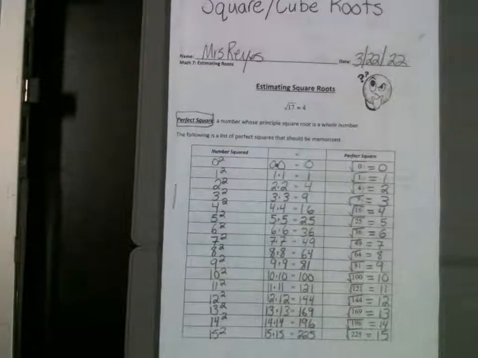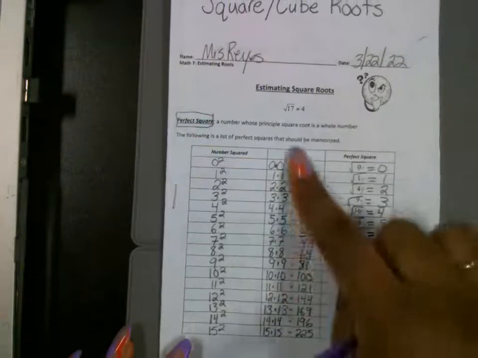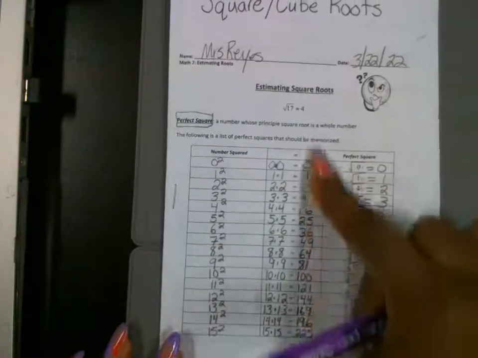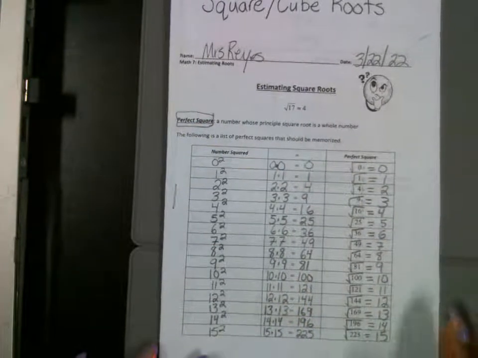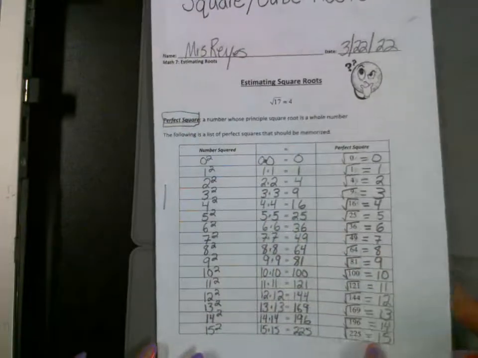So you're going to see, and it's going to be timed. 1 times 1 is 1. 2 times 2. 3 times 3. 4 times 4. 5 times 5. 6 times 6. 7 times 7. 8 times 8. 9 times 9. 10 times 10. 11 times 11. 12 times 12. 13 times 13. 14 times 14. 15 times 15. You need to know these by heart. So please study those. These are the ones you need to know. These multiplication facts. And I'm going to mix them up. They're not going to be in order, okay?